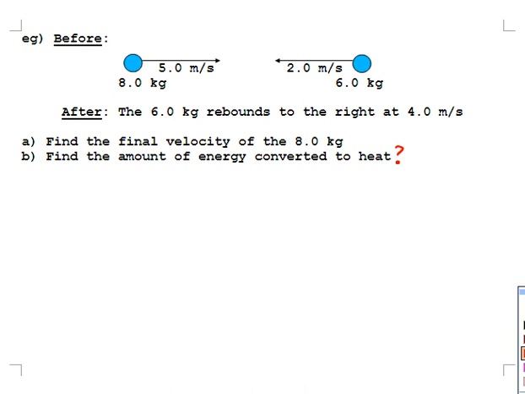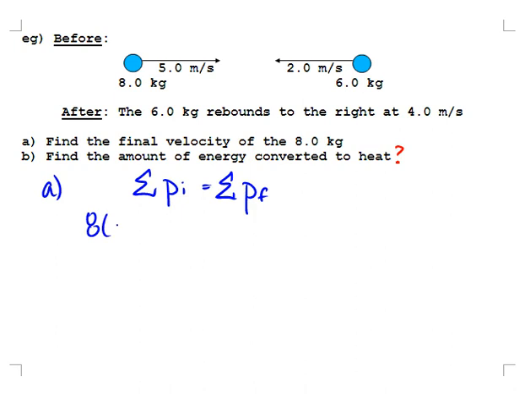So let's start with a conservation of momentum for part A. So sigma pi equals sigma pf. Cool thing is the before the collision is exactly the same as it was.